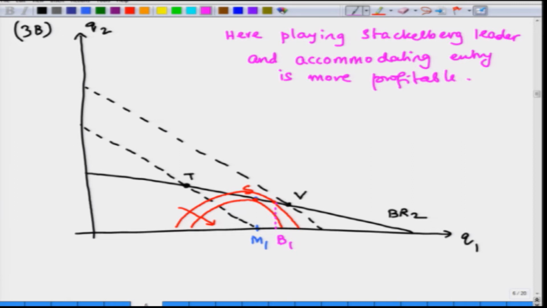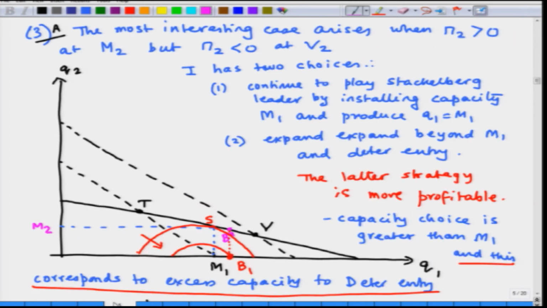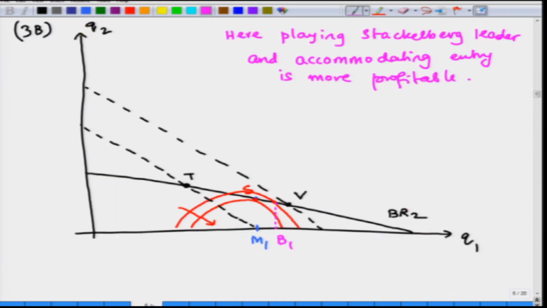Right. So essentially whether the incumbent will accommodate entry or deter entry in this setting will depend on what its profits are. In 3A, it turned out that the incumbent was better off deterring entry, its profit was higher by increasing capacity. In the second case, the incumbent is better off simply accommodating entry and producing the Stackelberg level of output.